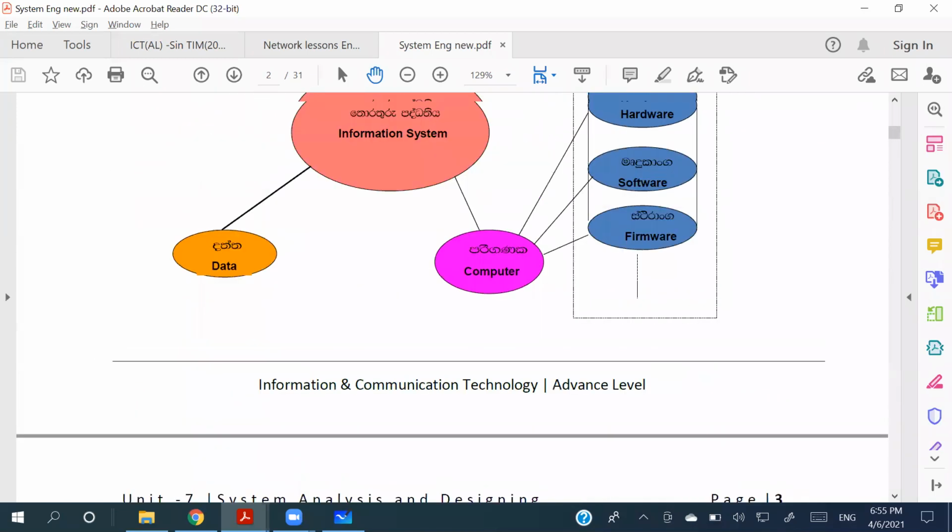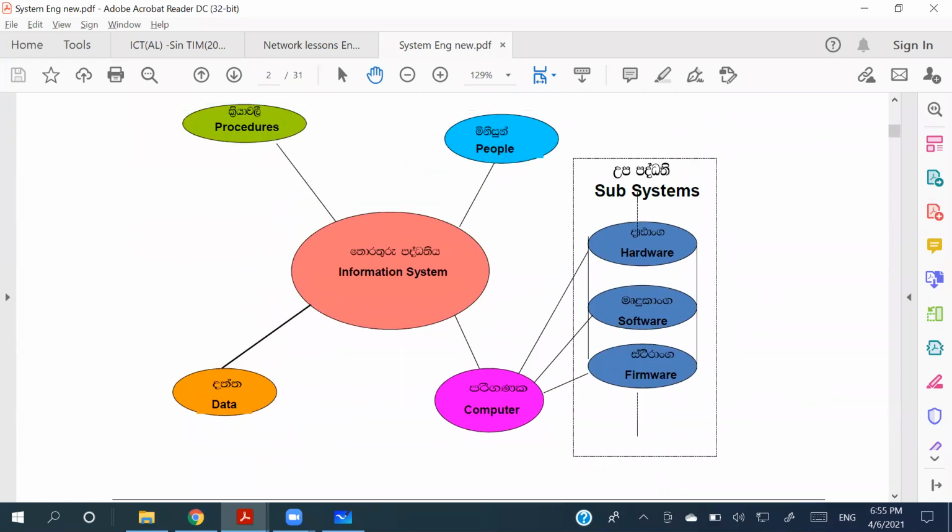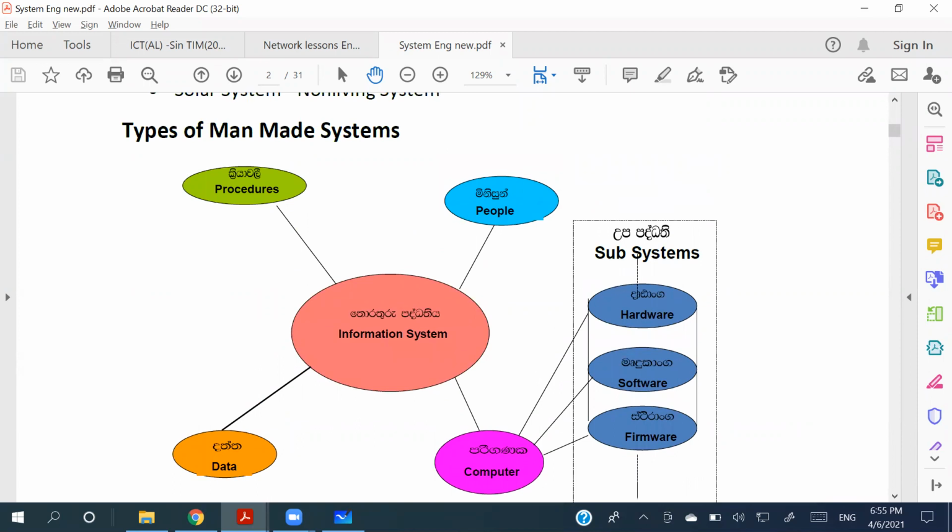So like this diagram illustrates to you, with an information system there are several different things that are being interacted: the procedures, people, data, and computers as well, obviously. And computers are related with subsystems like hardware, software, firmware, kind of things.